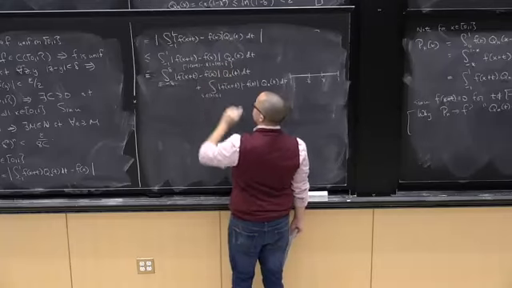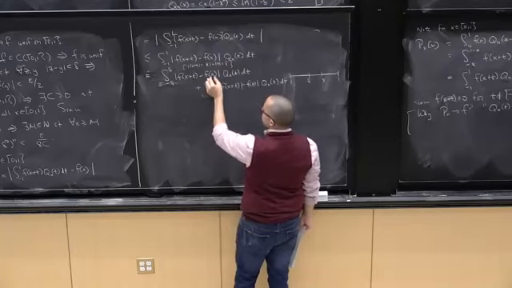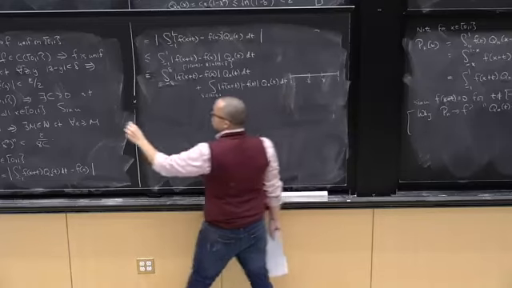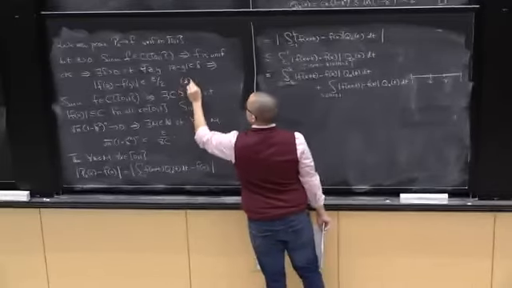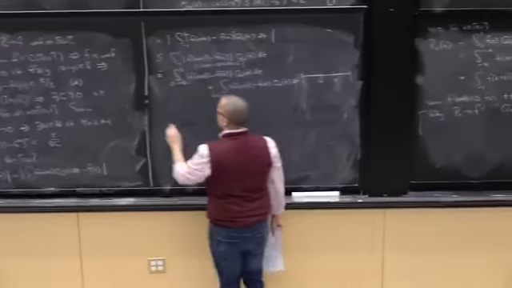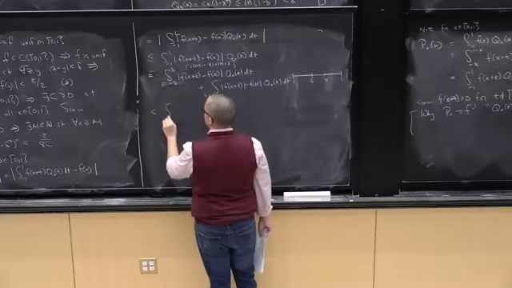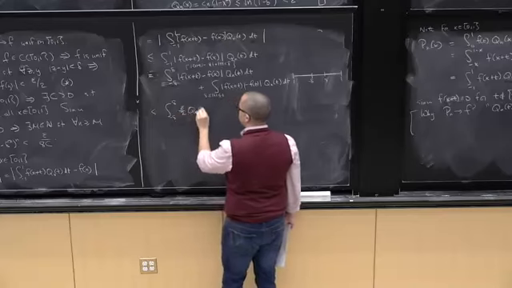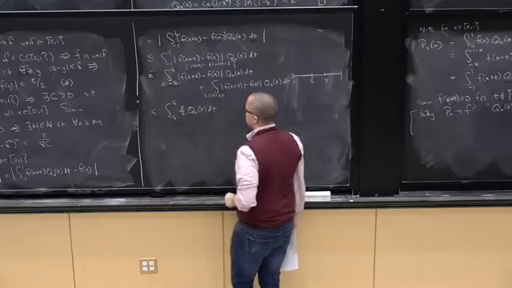So since this guy minus this guy is less than delta in absolute value, I can use this uniform continuity part to say that this is less than epsilon over 2 times q_n of t dt.